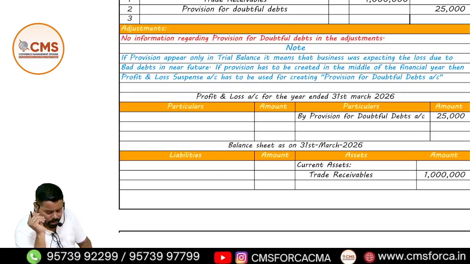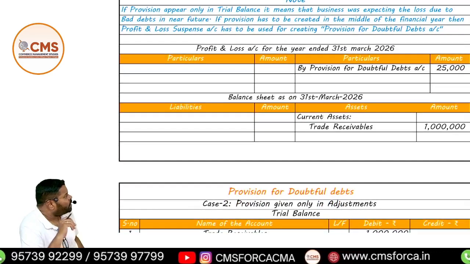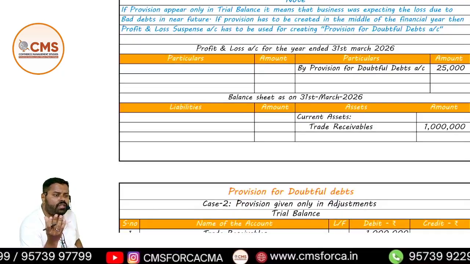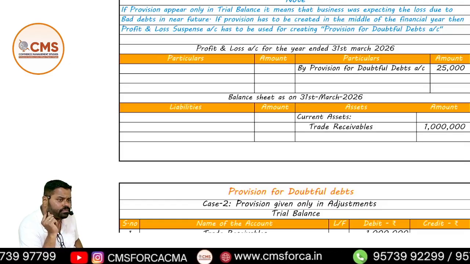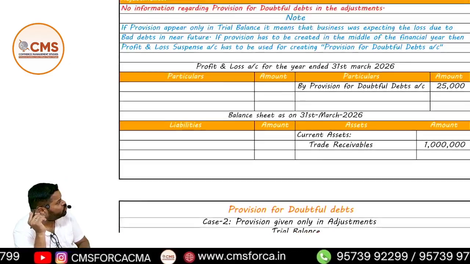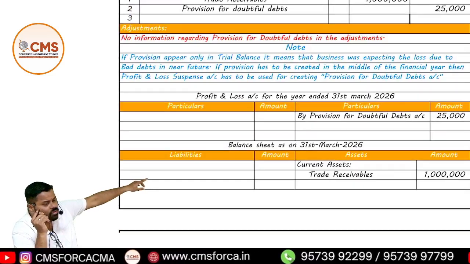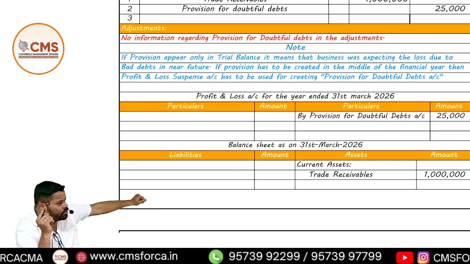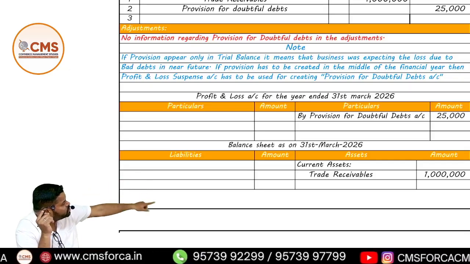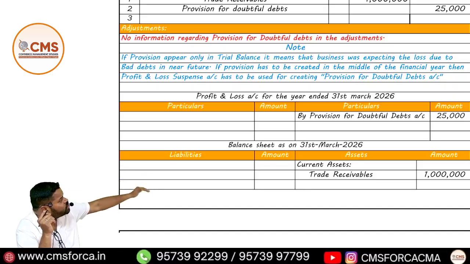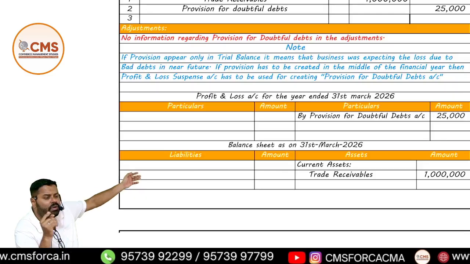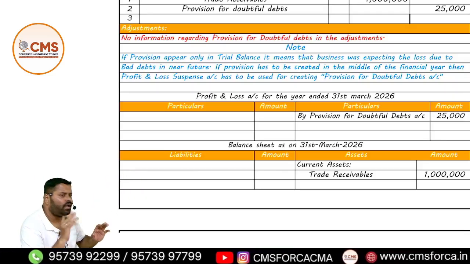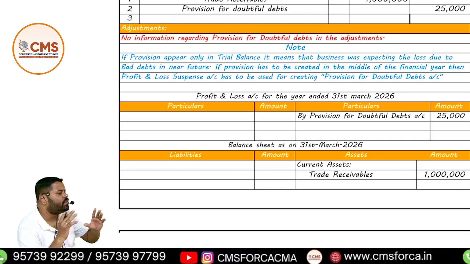Okay, imagine you had this doubt of 25,000, but eventually your customers gave you the full amount. Then what will I do? Take that 25,000 provision created and close it in your profit and loss account. Imagine I had a doubt, subsequently at the time of preparation of final accounts this doubt is clarified and I have confidence that I will get the money from my customer.